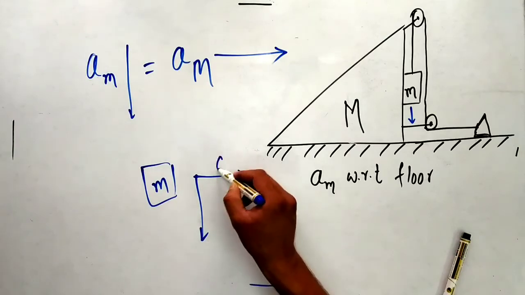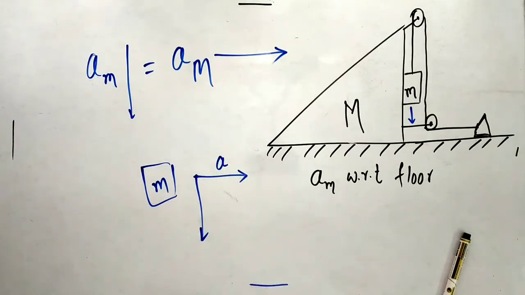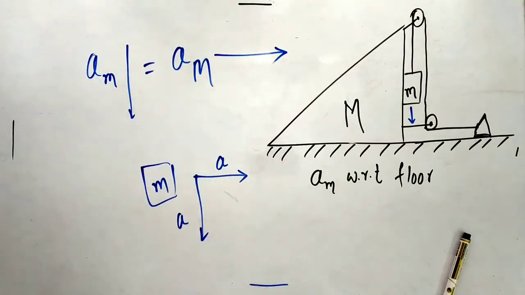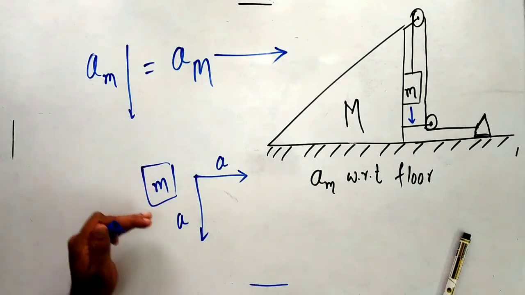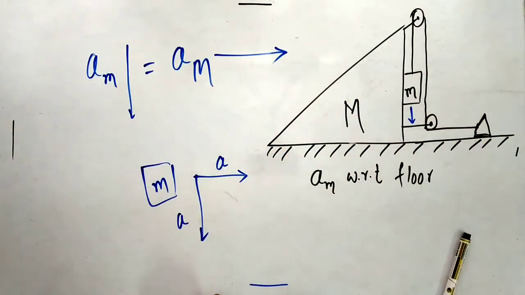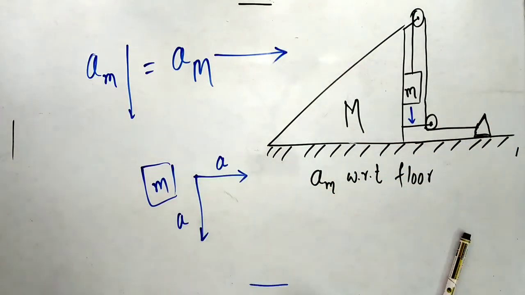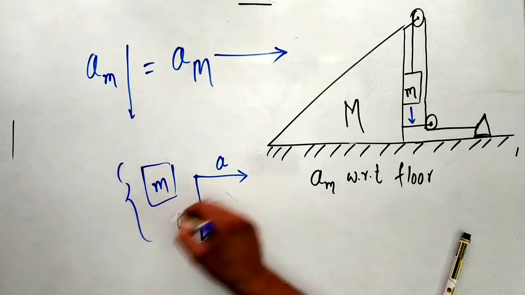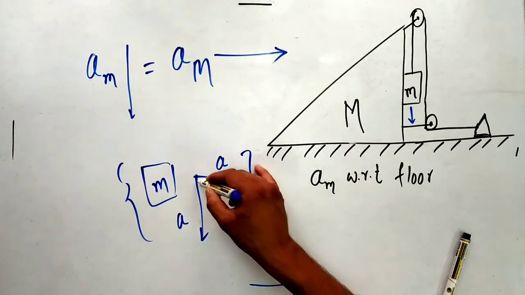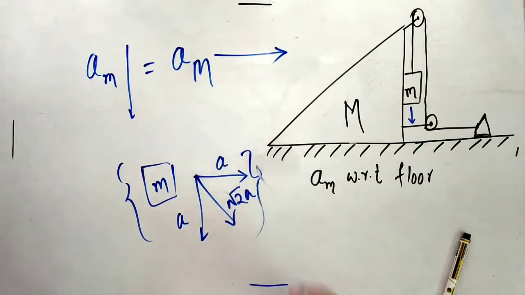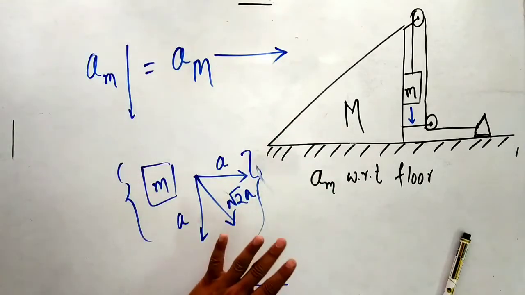This is equal to A. This is also equal to A, the reason of which I've explained earlier. It moves down, this moves that way, this moves to the right. So small mass m has 2 accelerations, the resultant of which is obviously going to be equal to root 2 A. This concept here you need to keep in mind before starting anything with this problem.